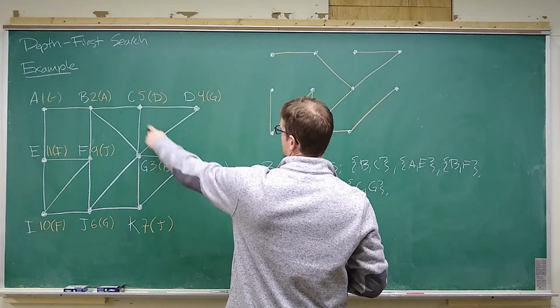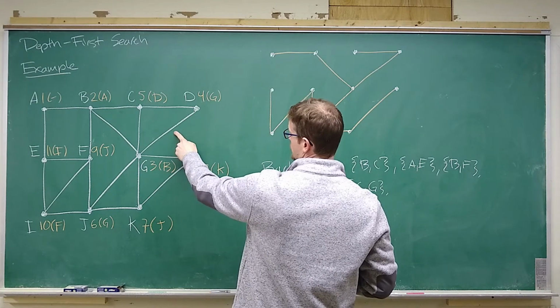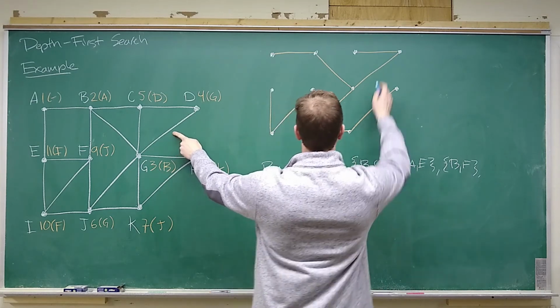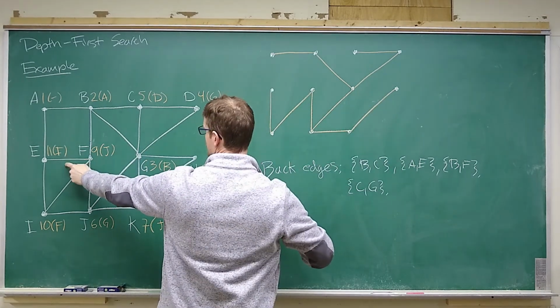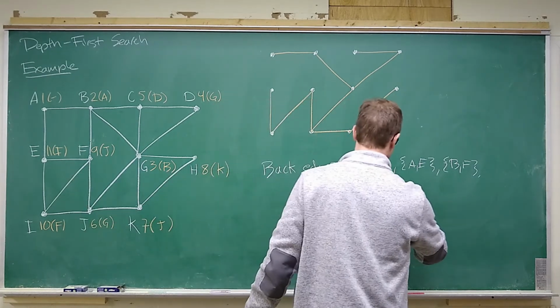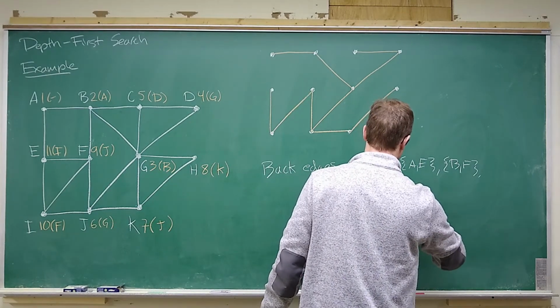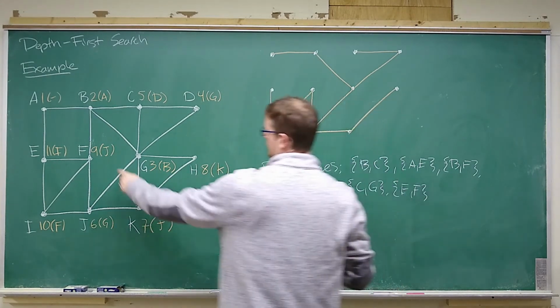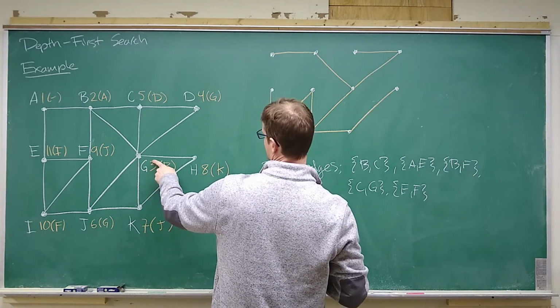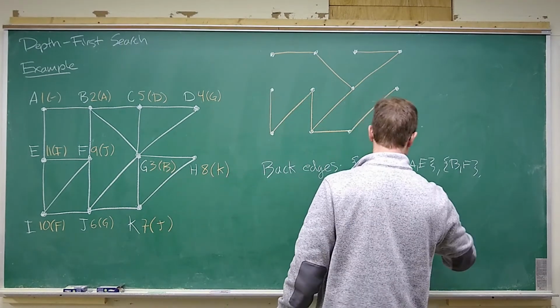This vertical edge is CG, we just said that one. This slanted one is used here. This horizontal one is not used, so EF. Nothing there. This horizontal one is not used, so GH.